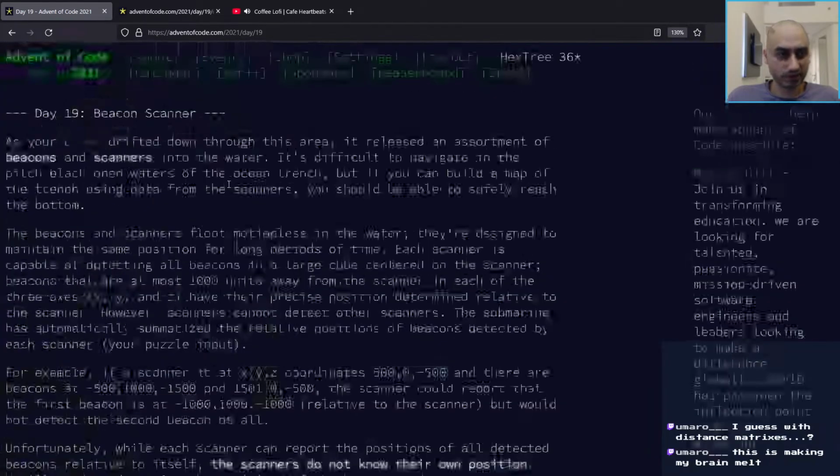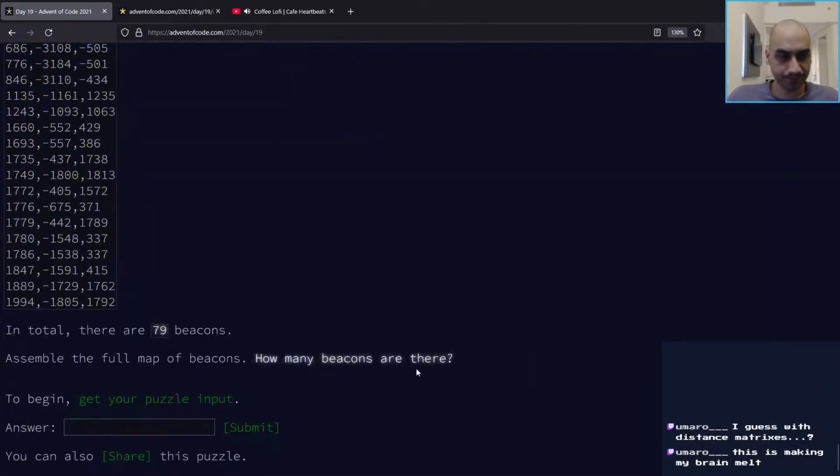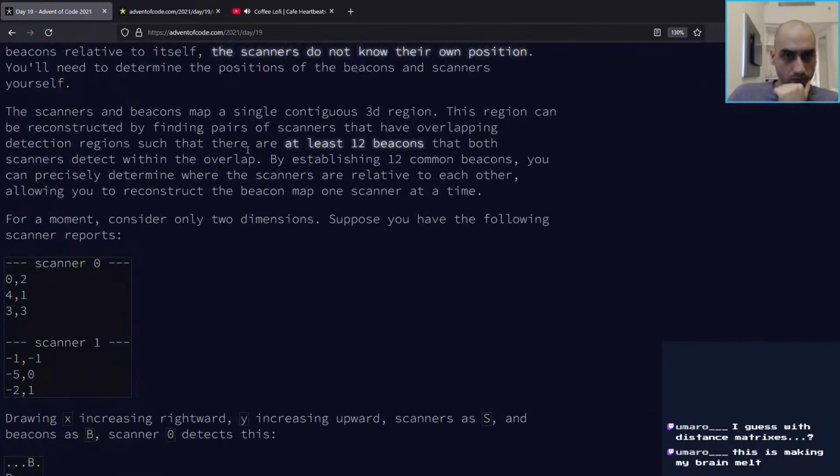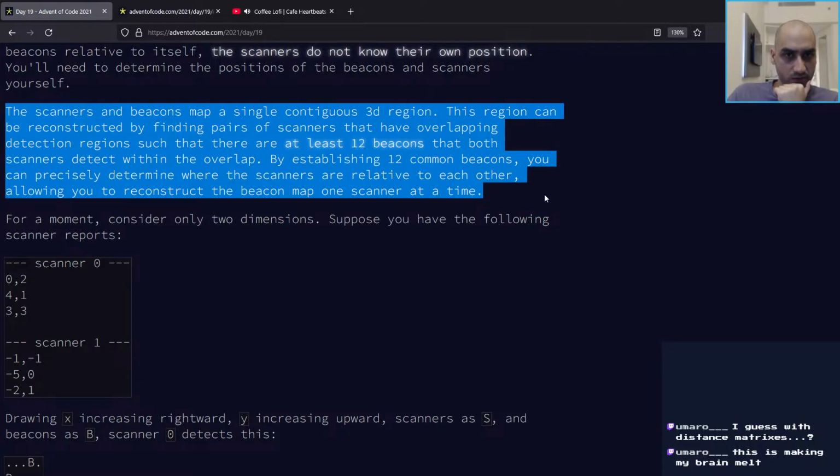This is poorly explained. This paragraph is the most confusing one.